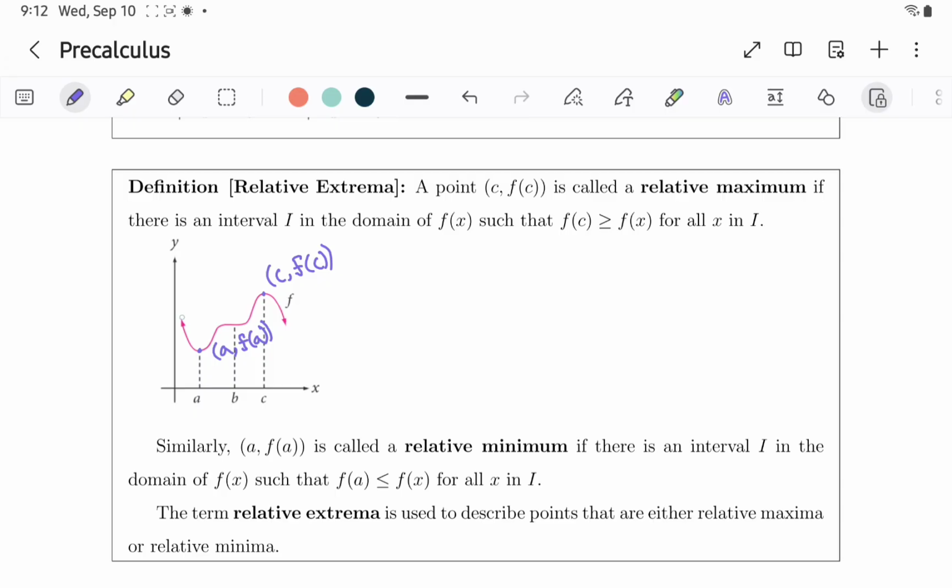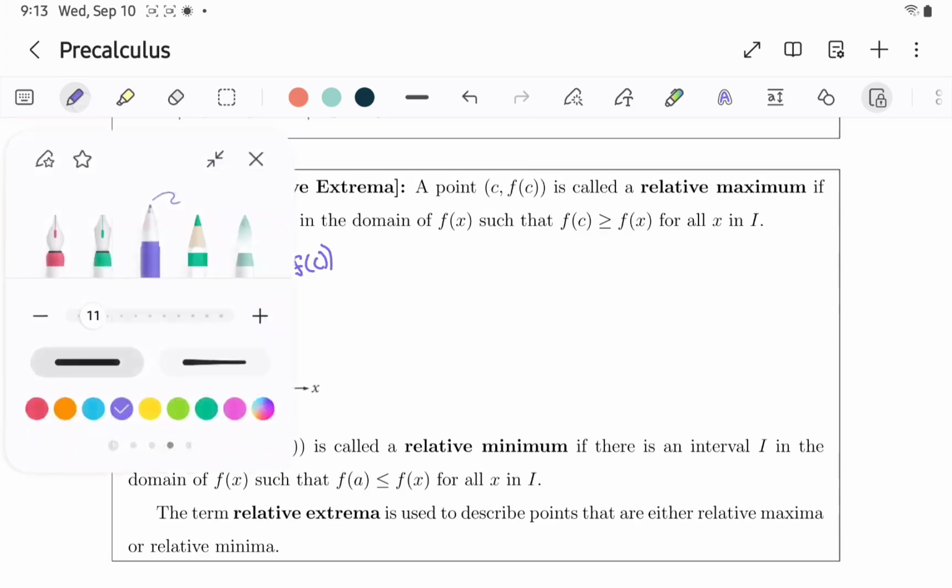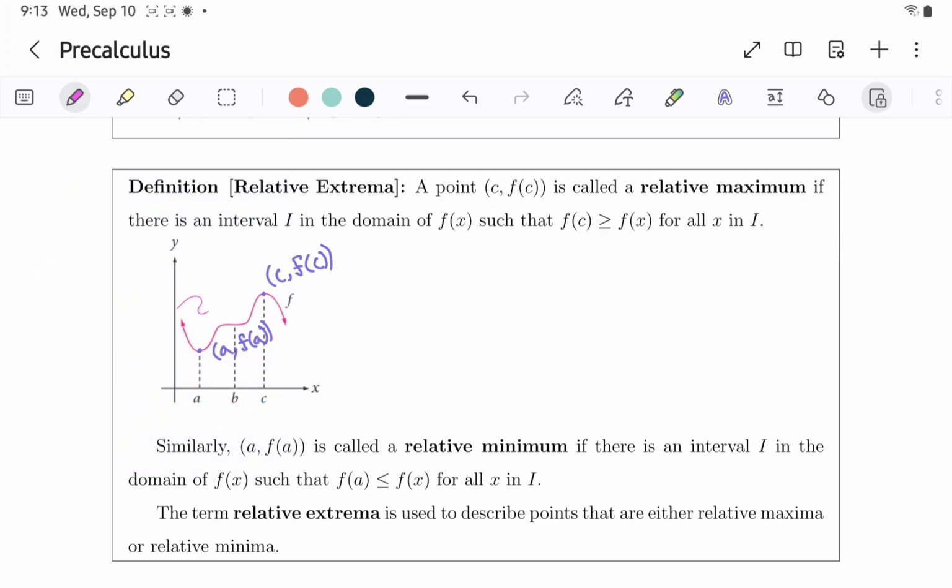And so we can imagine that this graph extends indefinitely. Maybe I will extend it in the same color. So that f of a is neither the lowest value of f, nor is f of c the greatest value of f.